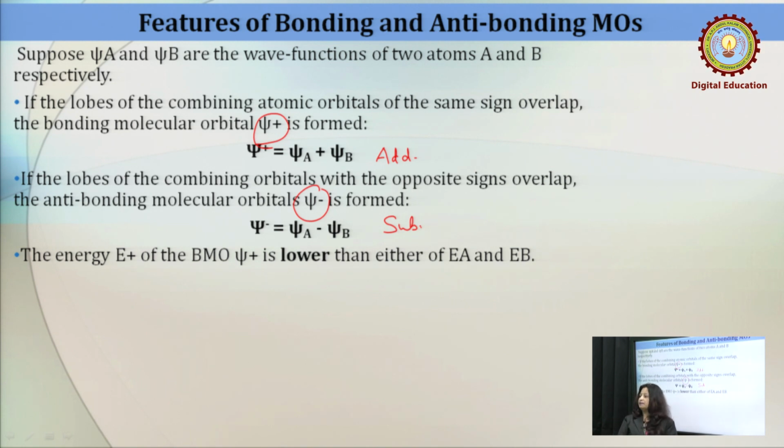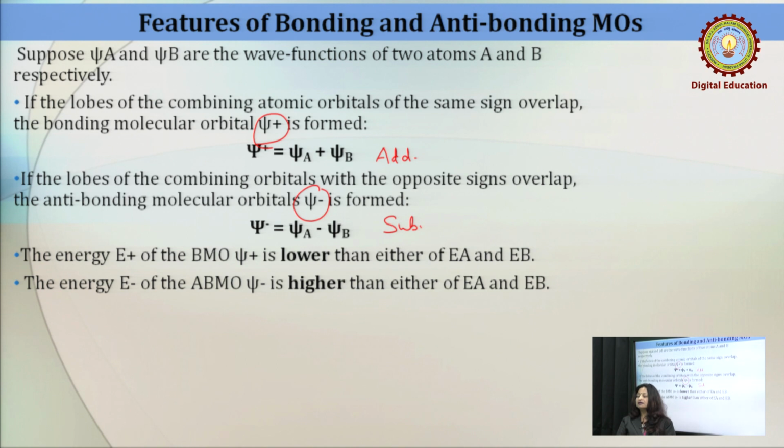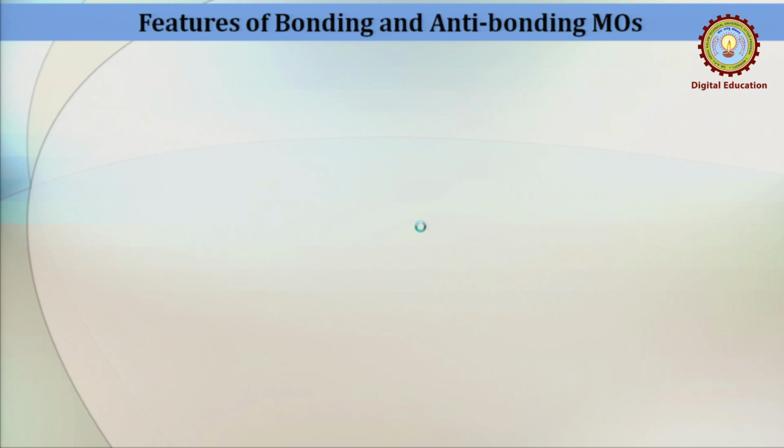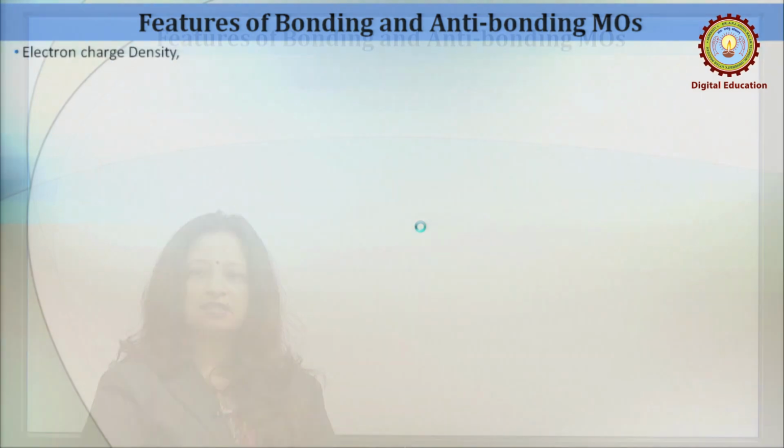The energy E plus of the bonding molecular orbital psi plus is always lower than the energies of either EA or EB. Similarly, the energy E minus of the antibonding molecular orbital psi minus is higher than either of EA and EB. We have already discussed this. So, this is a very good representation of the features of bonding molecular orbitals, right?